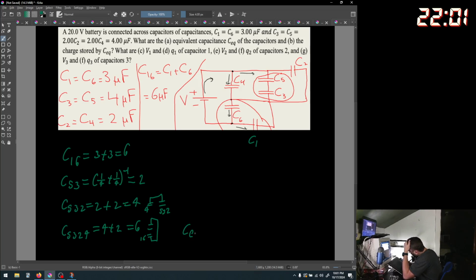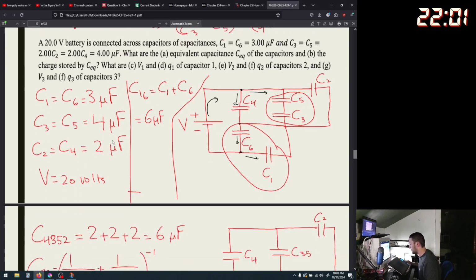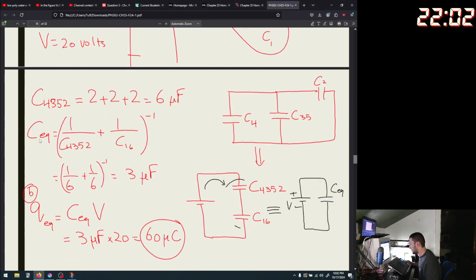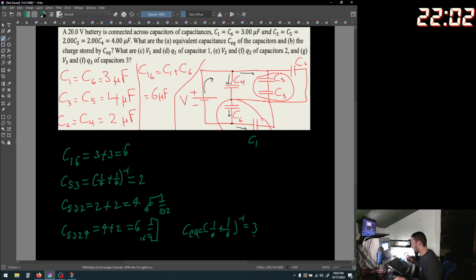So then C equivalent of the whole thing is going to be 1 over 6 plus 1 over 6, which is 3. Yep. So that's part A.